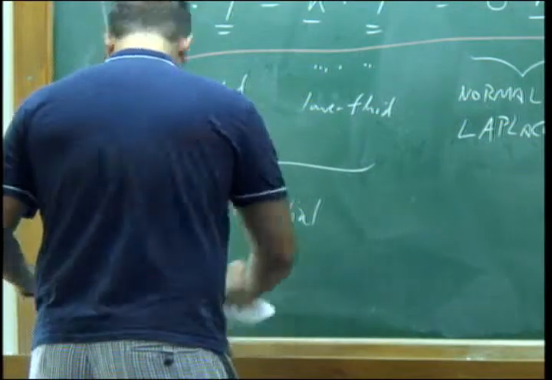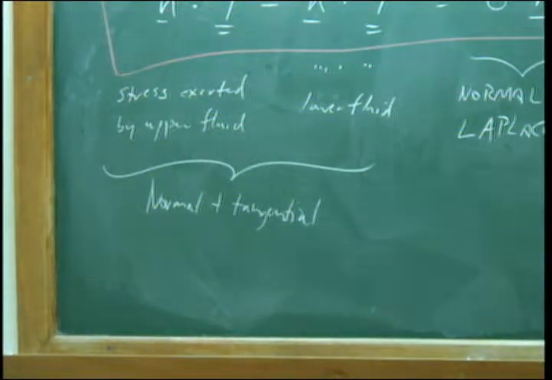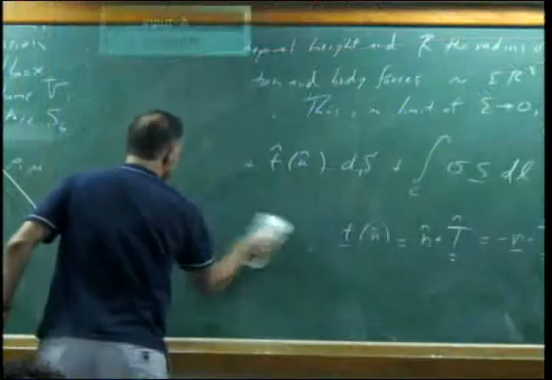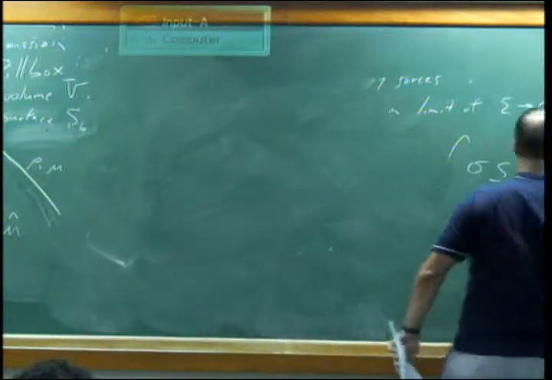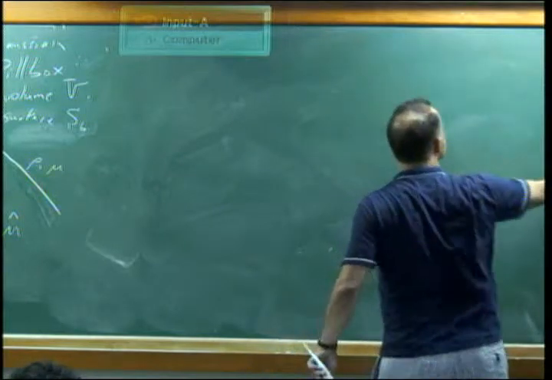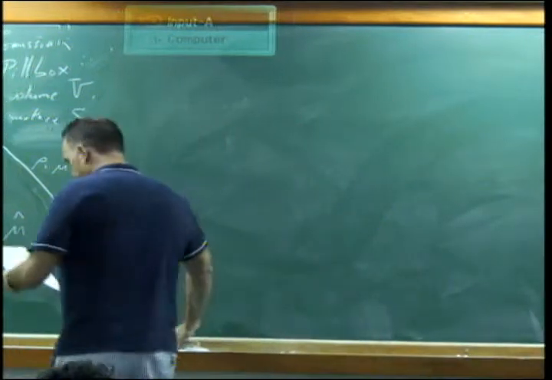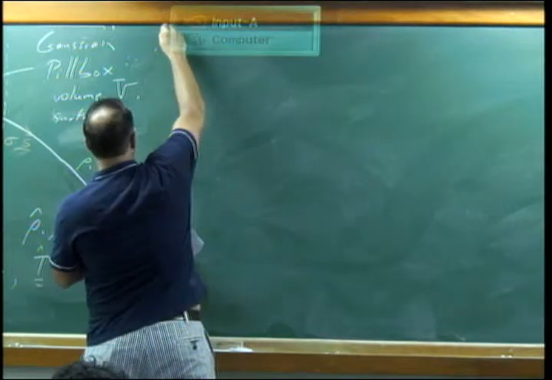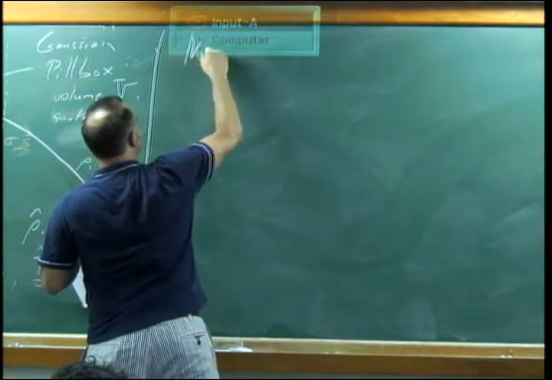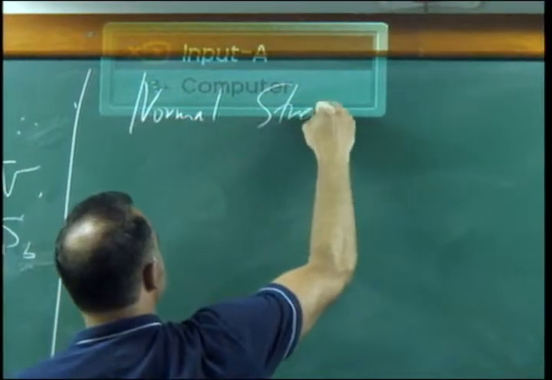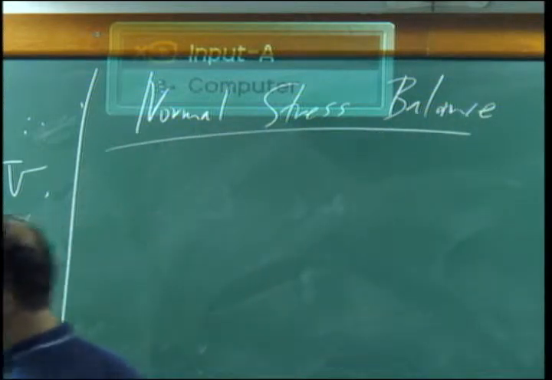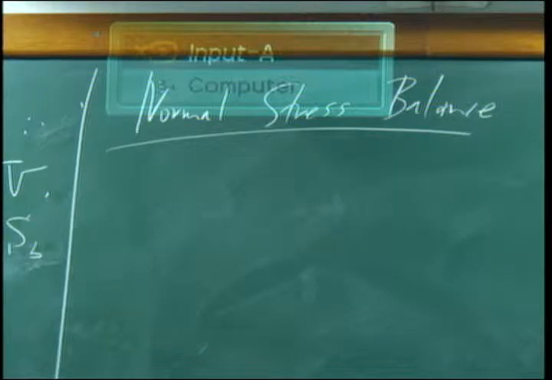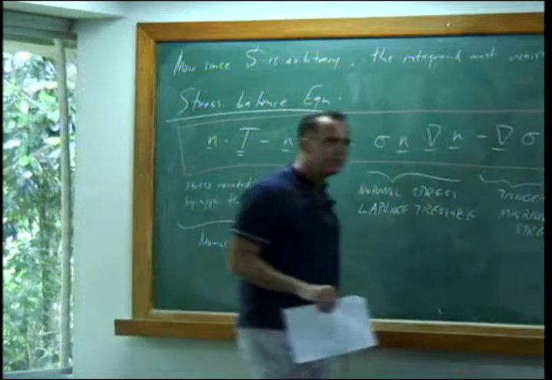So both components have to match. So first, the normal stress balance. Again, if we've solved for the flow above and below, then we know both the velocity field and the pressure field, from which we can calculate these components of the stress tensor, right?